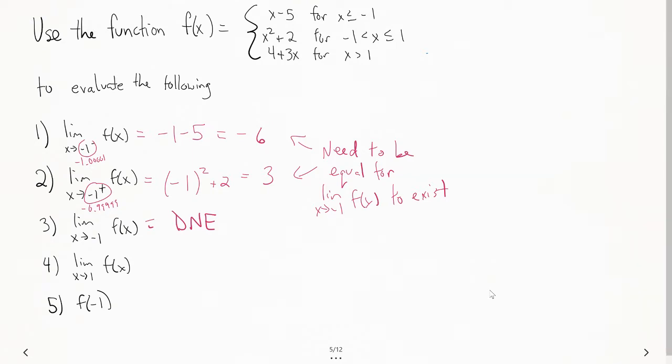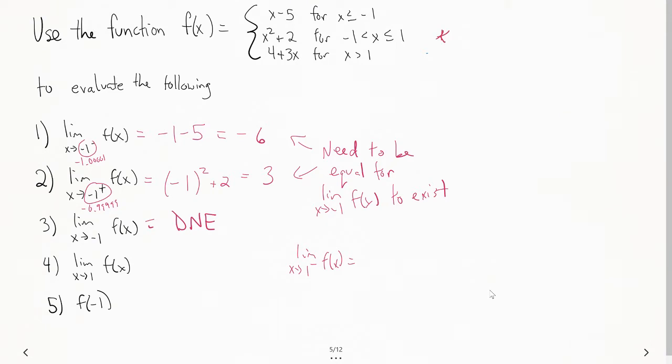Okay? So now our next one, limit as x approaches 1 of f of x. Okay, so you might say, we plug it into the one where we had the equal. Well, that doesn't quite work for us. Actually, all we have to do is figure out the limit as x approaches 1 from the left of f of x. And notice that, if we're approaching 1 from the left, it will be this second equation right here.